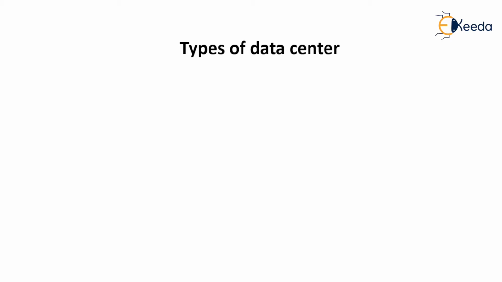So this is a type of data center facility in which the customers take an entire server on rent and do not share it with other customers. So it is a single tenant model where customers have full control over the server.